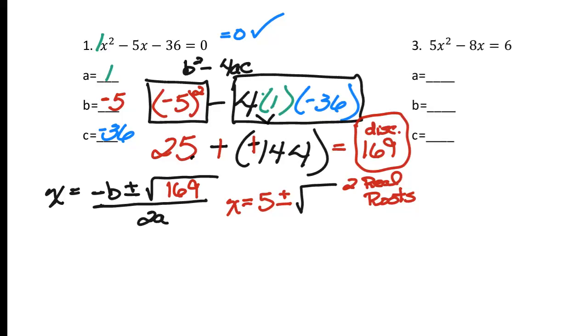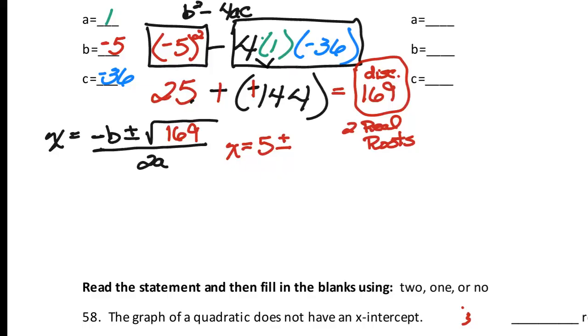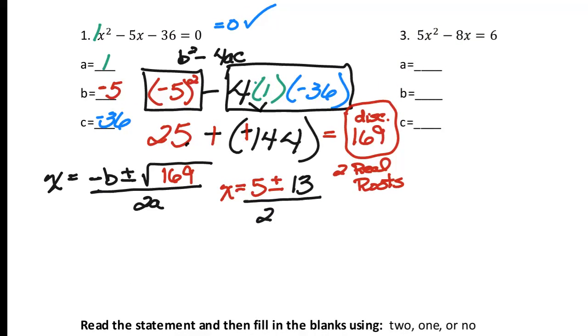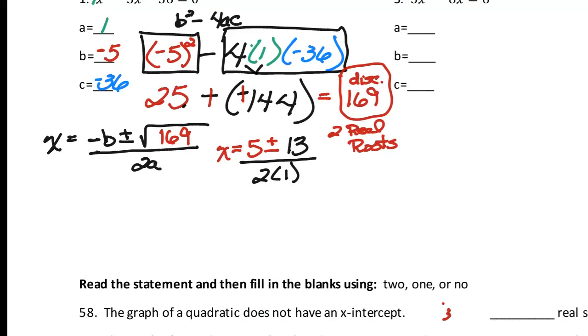What is the square root of 169? Those of you with calculators, take your calculator. 13. That means 169 is a perfect square. So this is plus or minus 13 all divided by 2 times my a value of 1, which is 1. And 2 times 1 is 2. So x is equal to 5 plus 13 divided by 2, and x is equal to 5 minus 13 divided by 2.